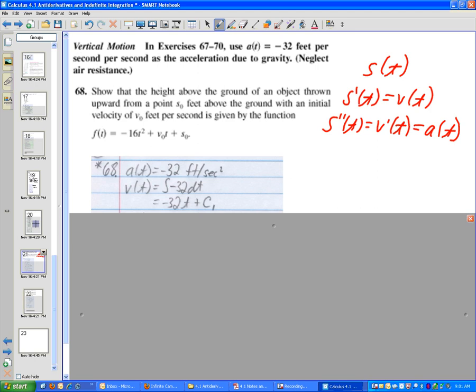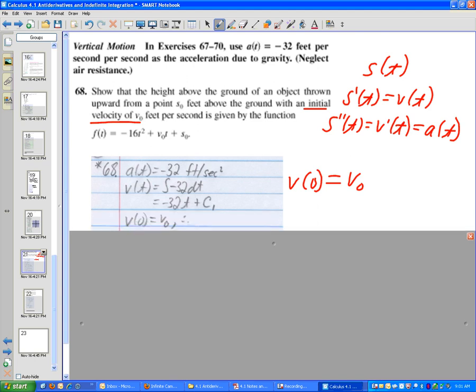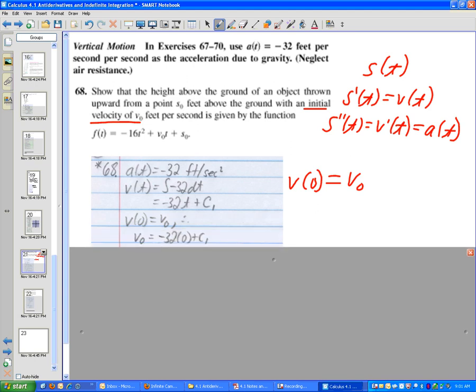Now, they told us that the initial velocity is v0. That means the velocity when t equals 0 is to be called v0. So v of 0 equals v0. So your velocity equals v0 whenever t equals 0.